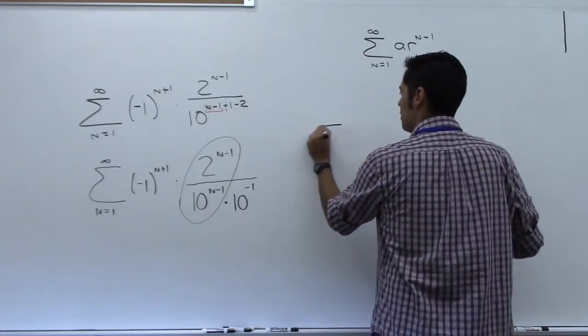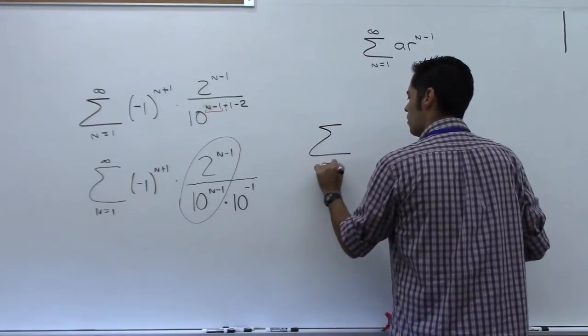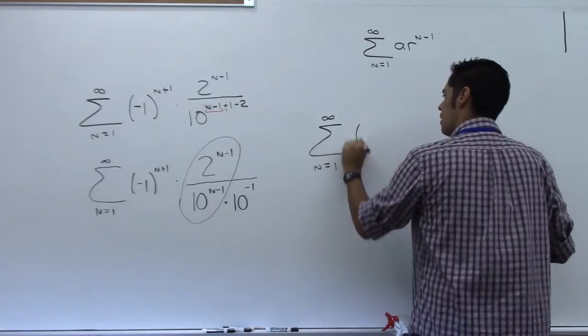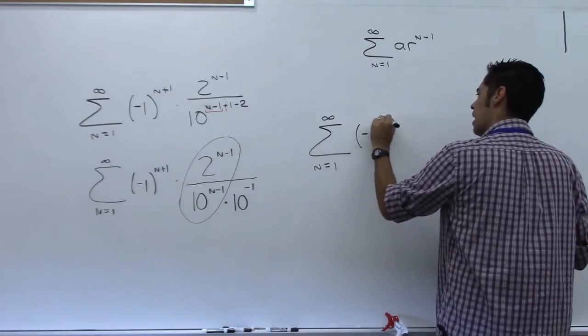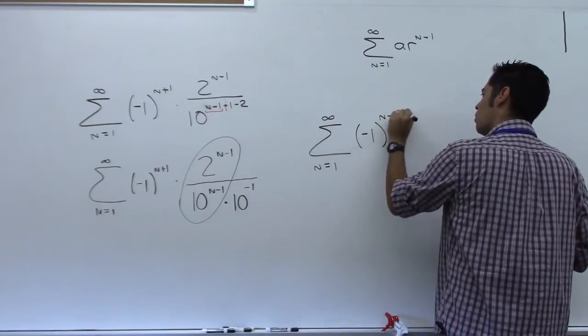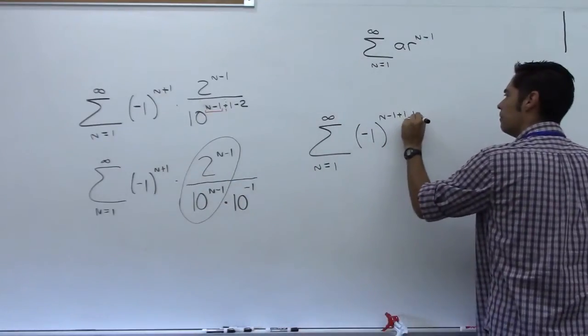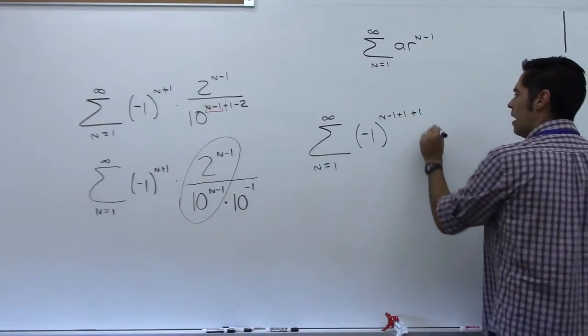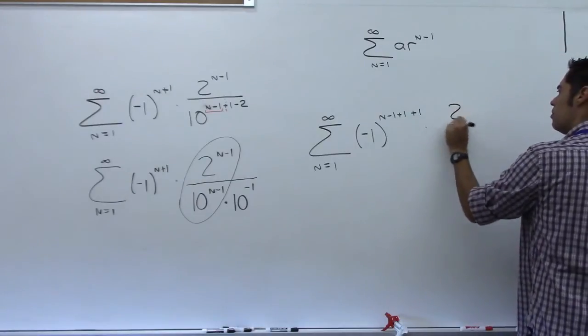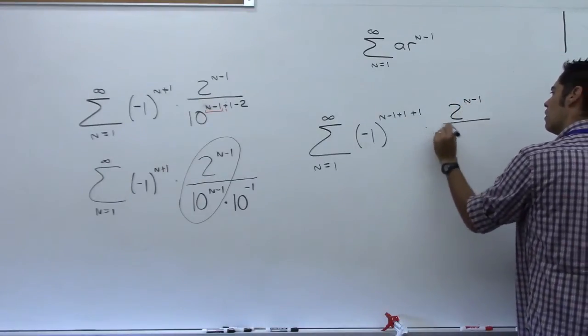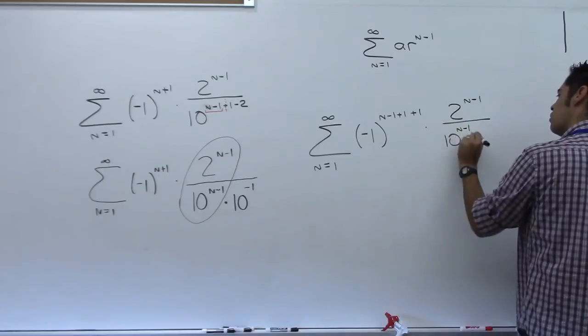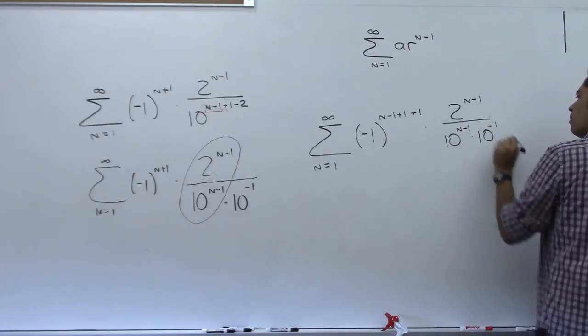I'll rewrite this as sum n equals 1 to infinity, negative 1 to the n minus 1 plus 1. That's my hidden 0, but I already had a plus 1. And then I had my 2 to the n minus 1 over 10 to the n minus 1 times 10 to the negative 1.